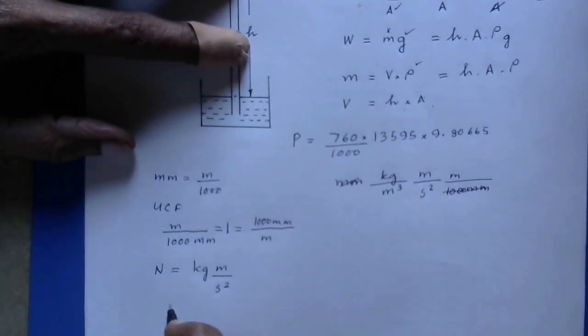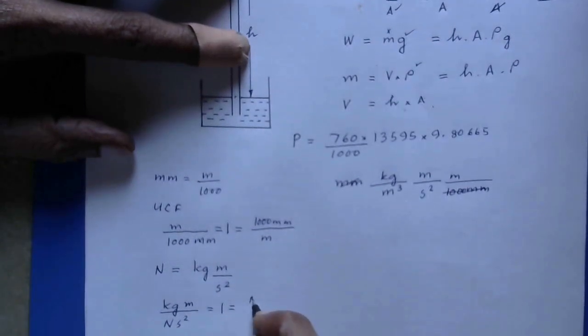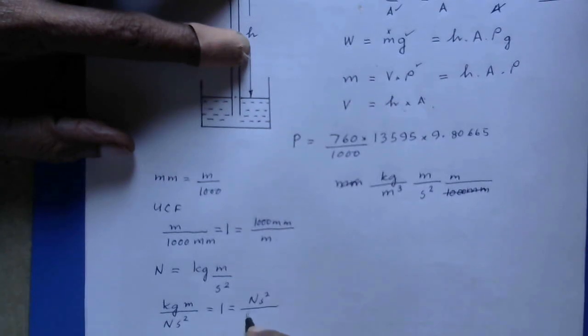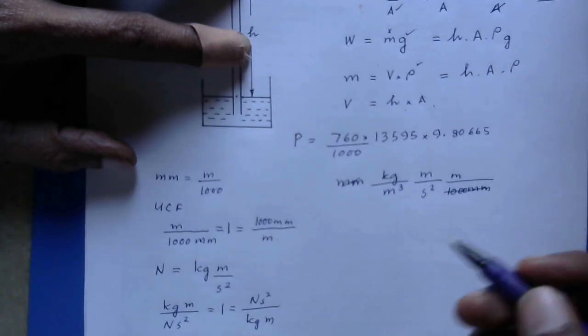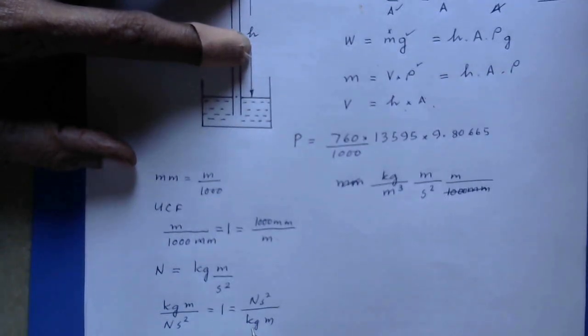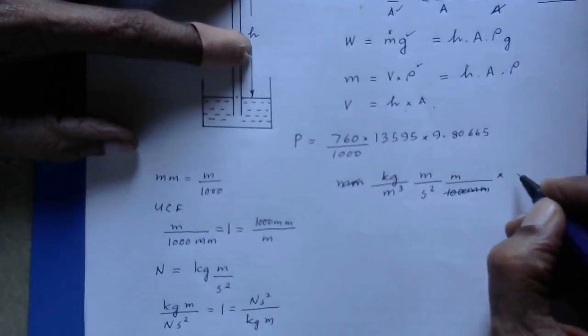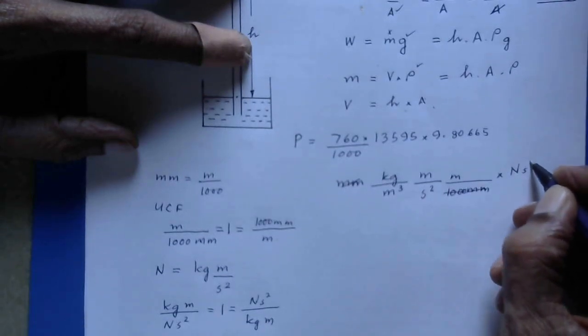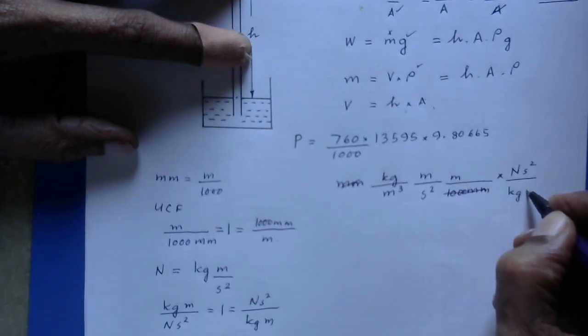So unit value is kg meter per Newton second square equal to 1 is equal to Newton second square by kg meter. So now we have to find out which we have to eliminate. We have to actually eliminate kg and get Newton. So this is the one we will choose. Okay. So then we write here into Newton second square by kg meter.